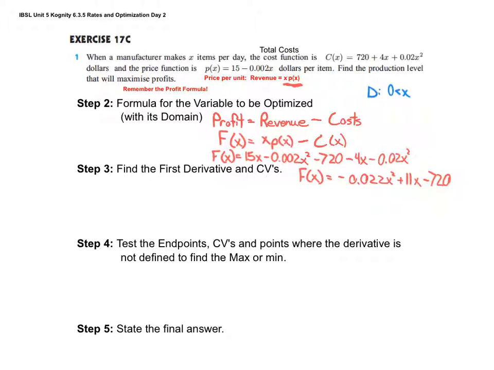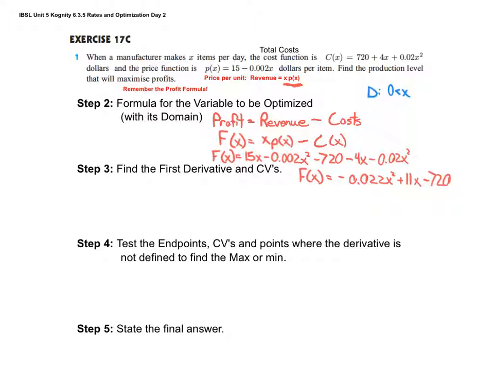Is there a cap on what x would be? Well, if the revenue equaled 0, and what would make the revenue equal 0 is if the price that we were charging was 0. So there's the other end of the spectrum. We wouldn't want x to get up to where we weren't charging anything.